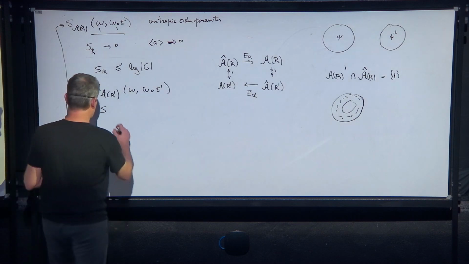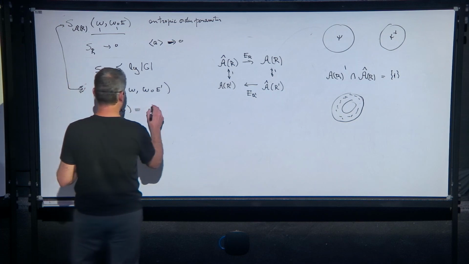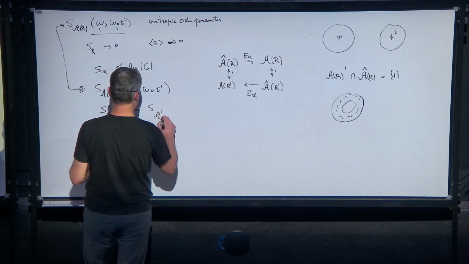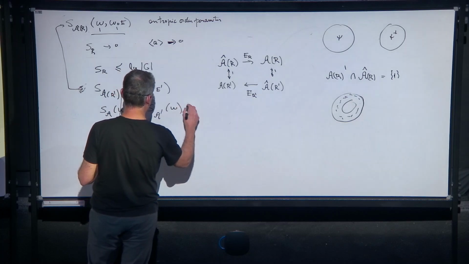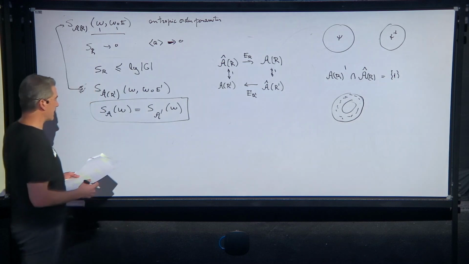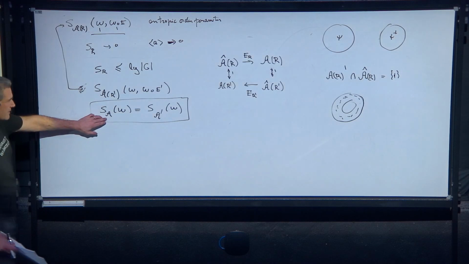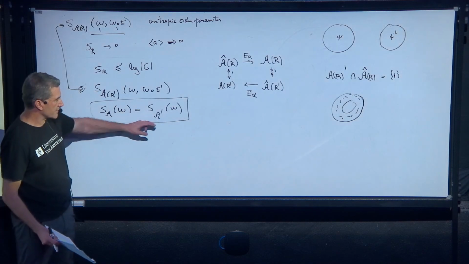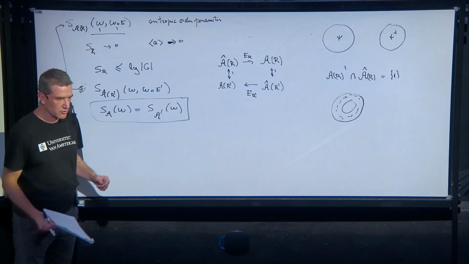So the entropy in an algebra A will be equal to the entropy in the algebra A prime. So this is for a pure state omega. This is the property that holds in this case. In this case, it's particularly important because, as we have seen, the commutant of the algebra is not the algebra that you naturally will assign to the complementary region.